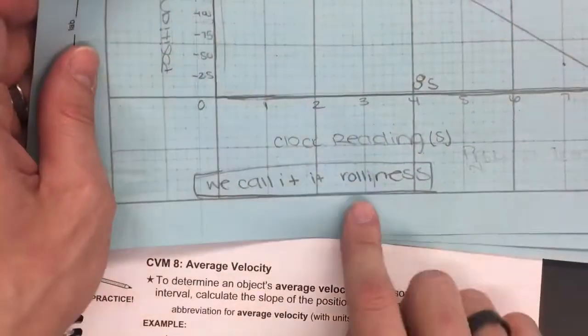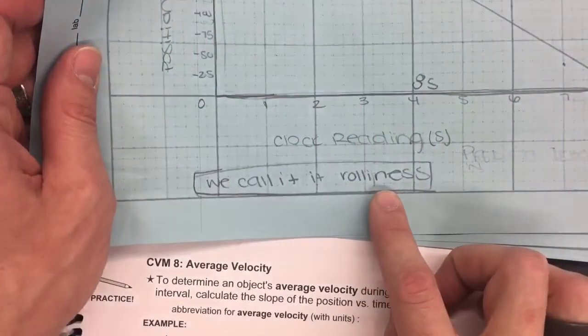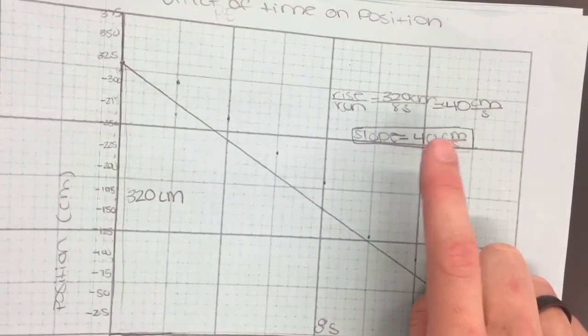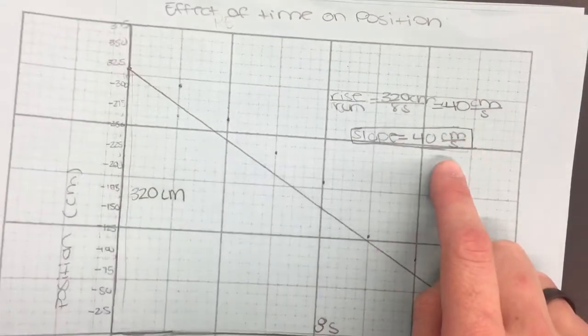Let's look at another piece of work here. This is Esther and McCoyan and Kiara and Anya. They decided on the name rolliness because we got this cart rolling down the track. They calculated the slope for this red buggy as 40 centimeters per second.